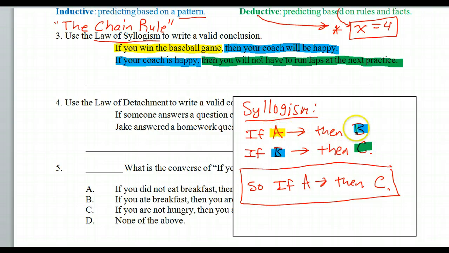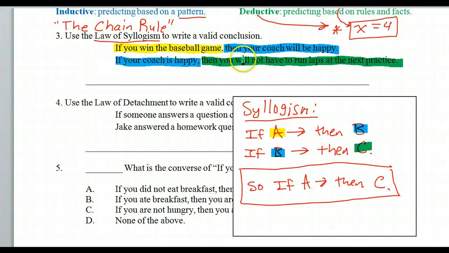So, if A then B, if B then C, the conclusion is if A then C. So our conclusion is going to be if you win the baseball game, then you will not have to run laps at the next practice.